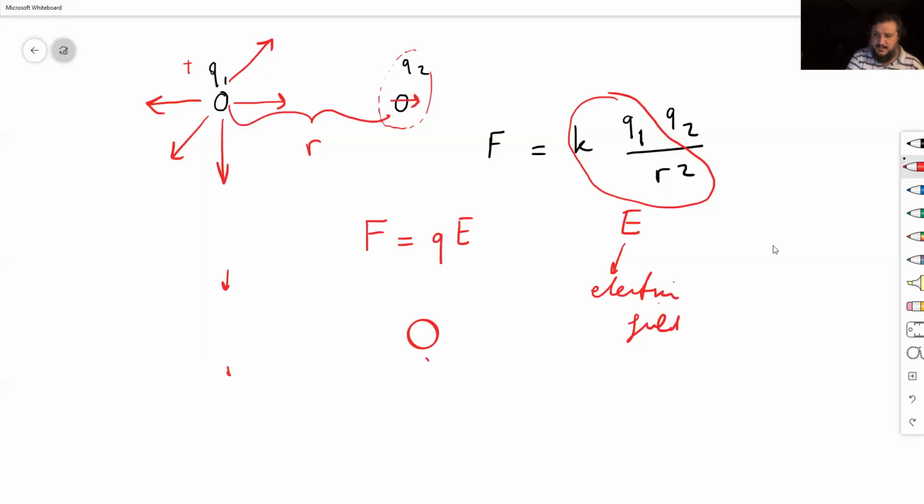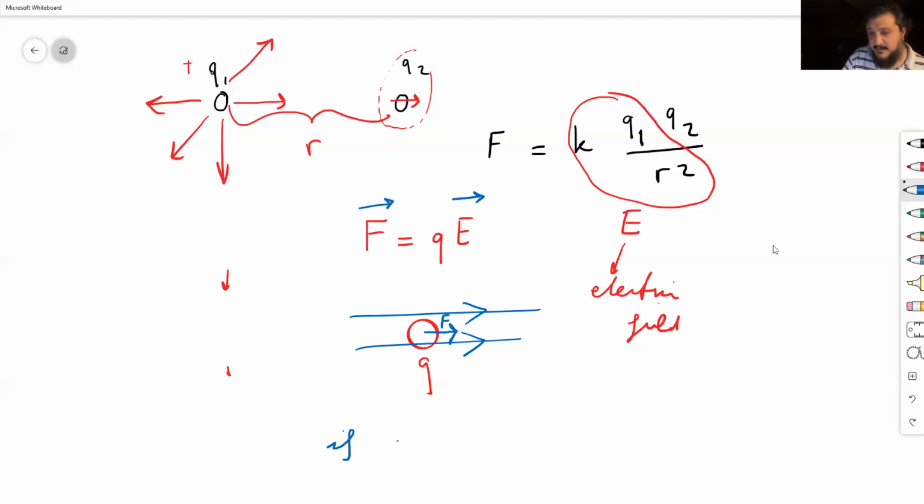So if this is your charge, and if there's a field here, which I'm going to show by these arrows now, okay? So it's a vector equation. F as a vector is equal to Q times E. If Q is positive, then it is just a positive scalar, right? Which means F and E are parallel. In that case, the force on Q would be also in the same direction.